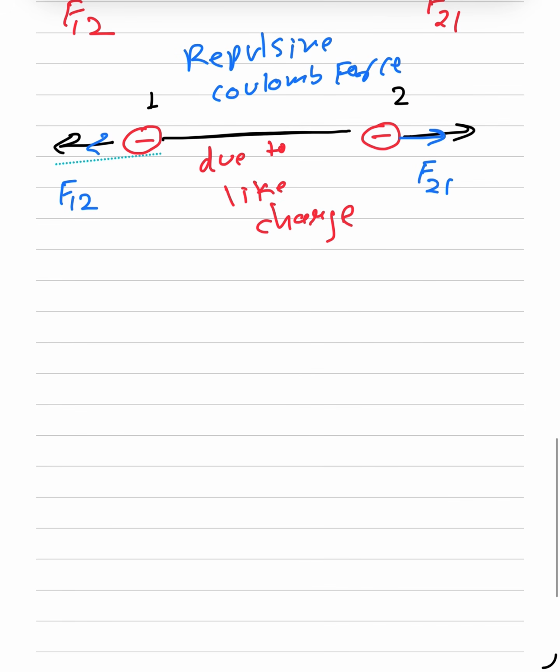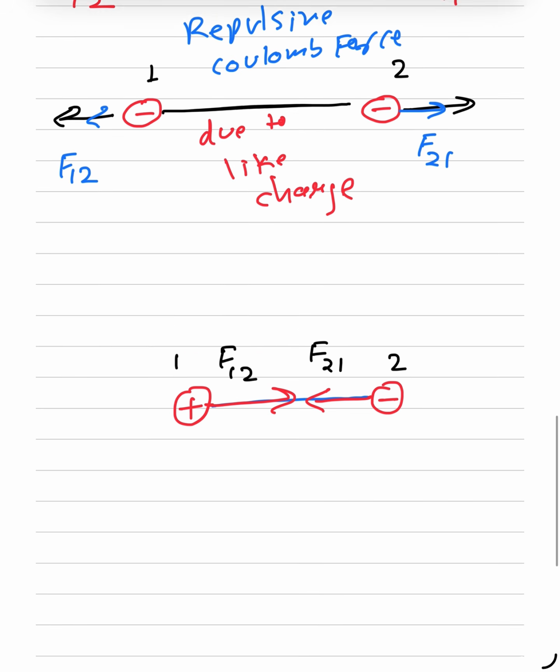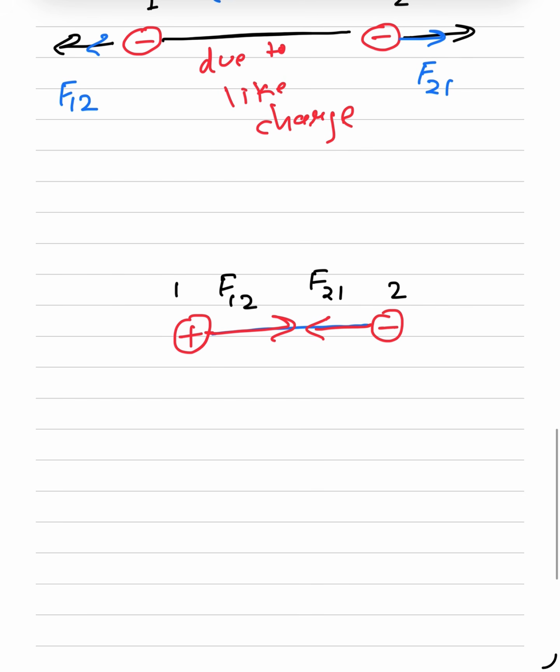And another example, suppose that this is a positively charged and this is a negatively charged, and both are of opposite nature, then both charges attract each other like this. Coulomb force on first due to second is along this direction, and Coulomb force on second due to first is along this direction. This is the first charge and this is the second charge.